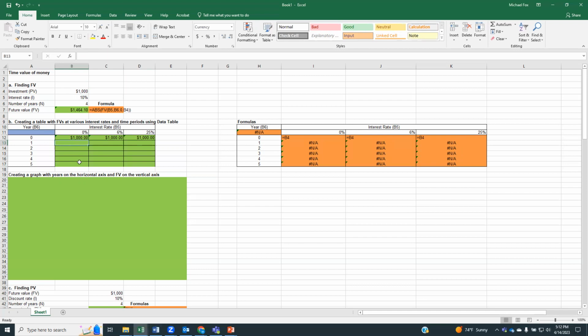All right. So now here we'll say this is the absolute value of the future value at 0% interest, number of periods, 0 payments. We're just letting this money compound.